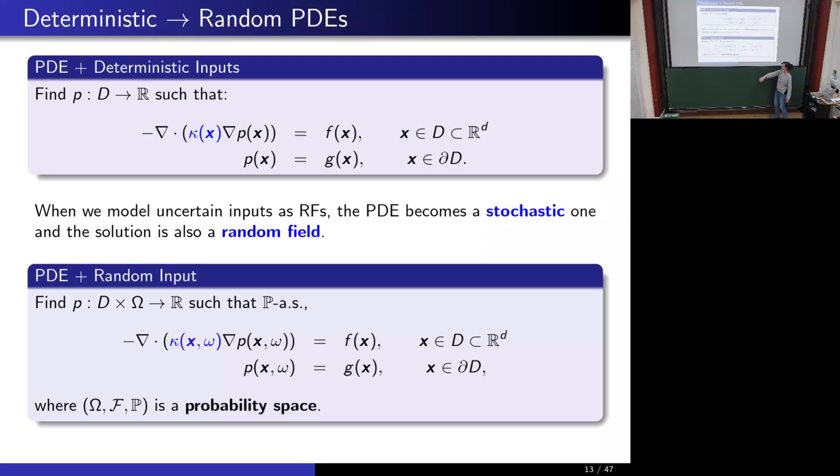As I've written down the model here, I'm assuming f and g are not uncertain, they're just some functions of x that I've chosen. So we're going to go from problems that look like this to problems that we need to state like this. We have a probability measure behind the scenes, we have some sample space, and now we have a more complicated expression for our input to our model.